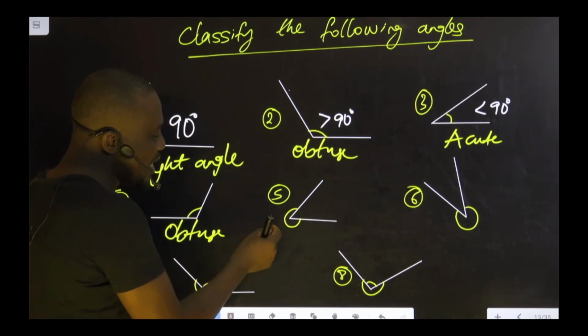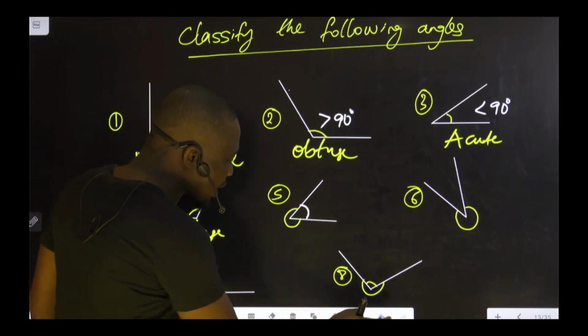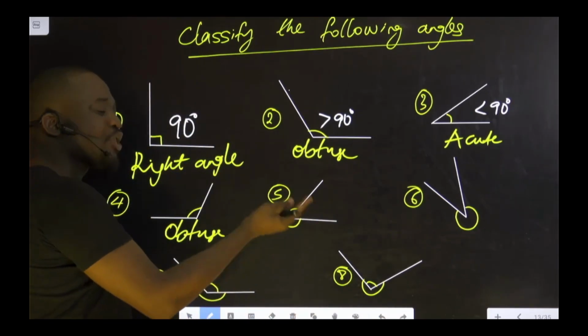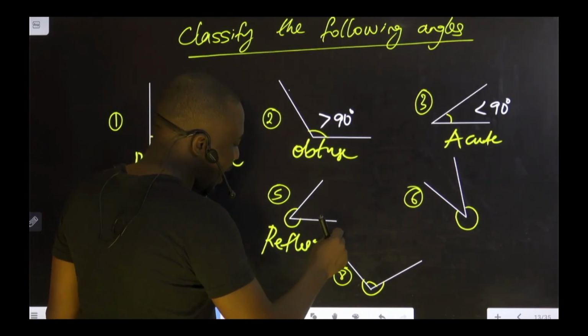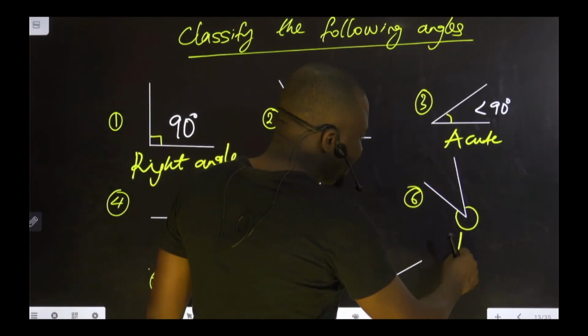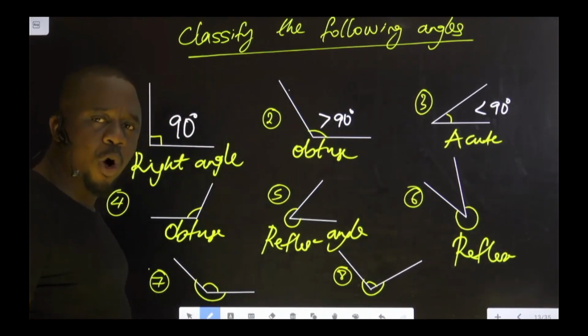This, as you can see, we are not talking about this side, which is acute. We are talking about the other side, which is actually more than 180. This is a reference angle. Why reference? Because this is more than 180 degrees.